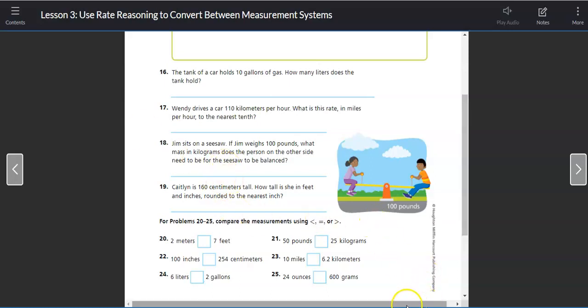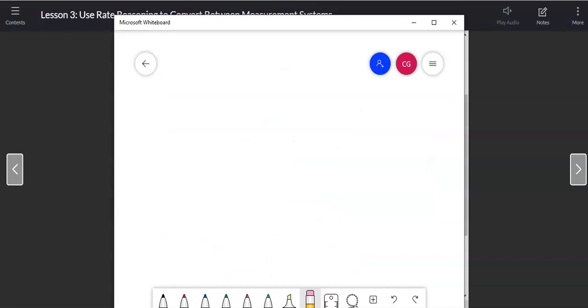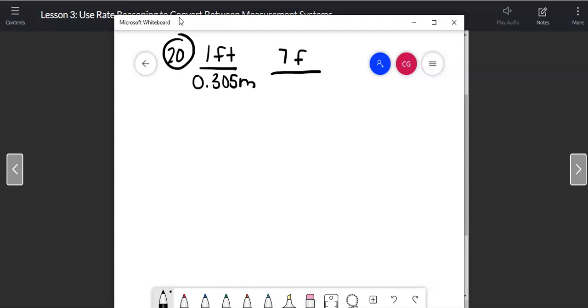And it does not matter which way you do that. I'm going to go ahead with number 20 and show you what I did. So I'm going to say in 1 foot, there's 0.305 meters. And I'm going to keep my 7 feet there. So I'm changing them both to meters.